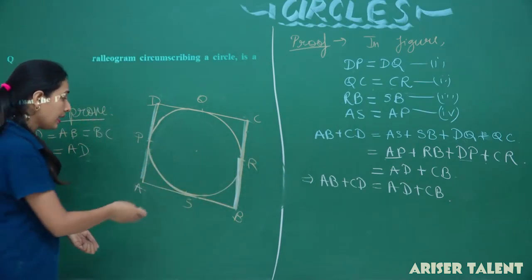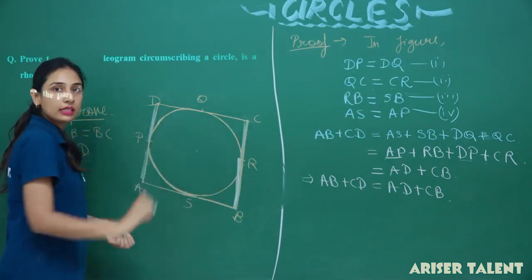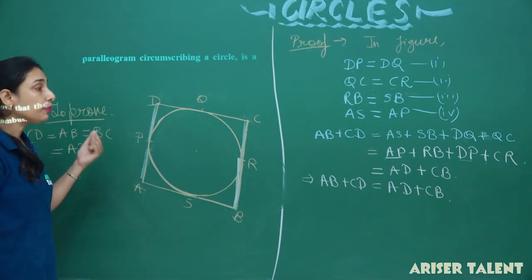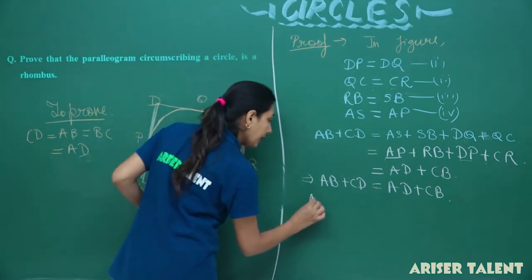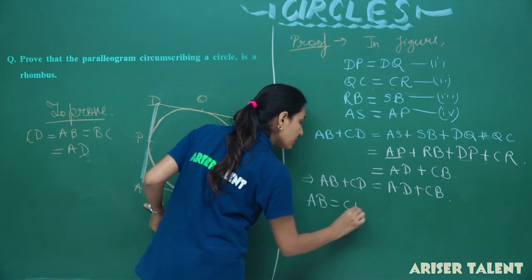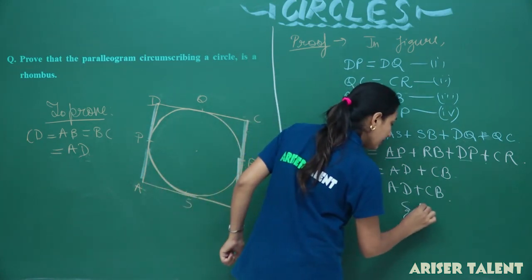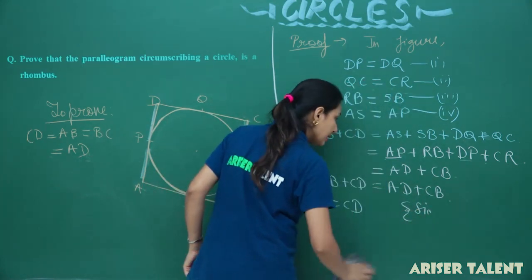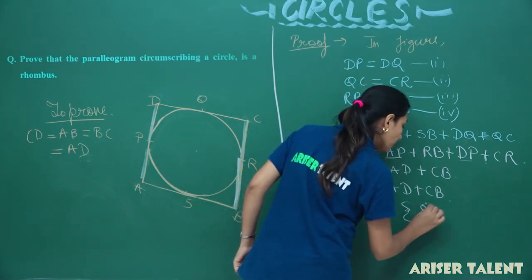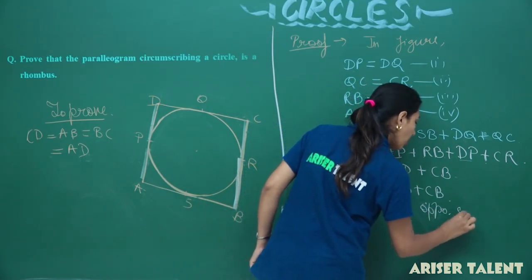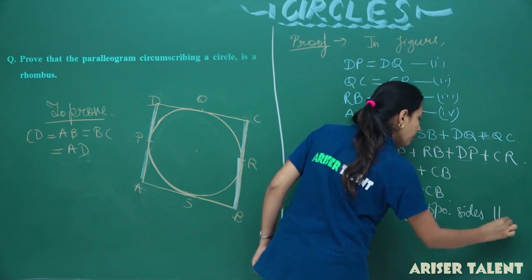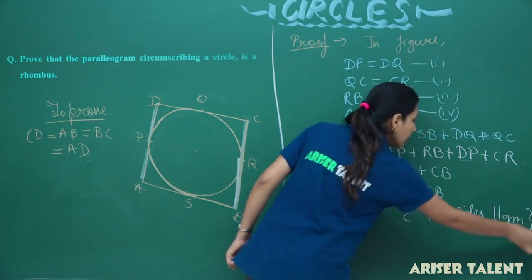Now, students, this AB is equals to DC. With the property of parallelogram, AB equals to CD. Why? Opposite sides of a parallelogram are equal, right?